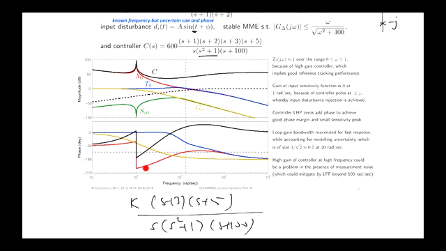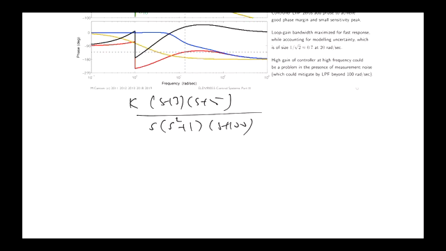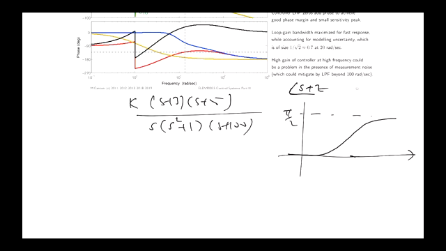We need to have two zeros that add phase. What are zeros? If I look at the phase plot of a 0, right, what happens? It starts off at 0 and then it goes up to pi over 2, to 90, right?